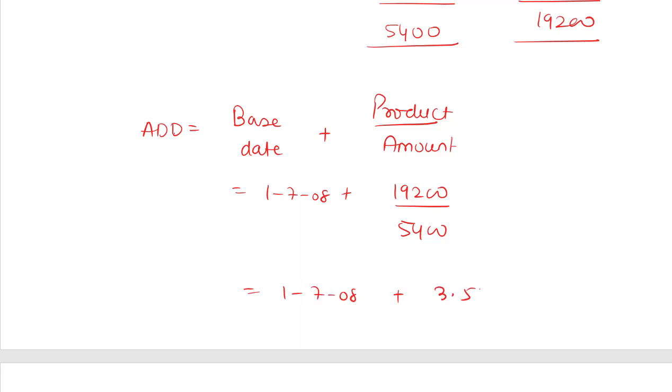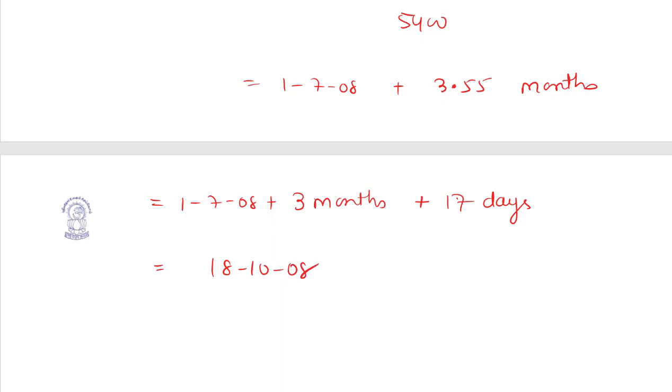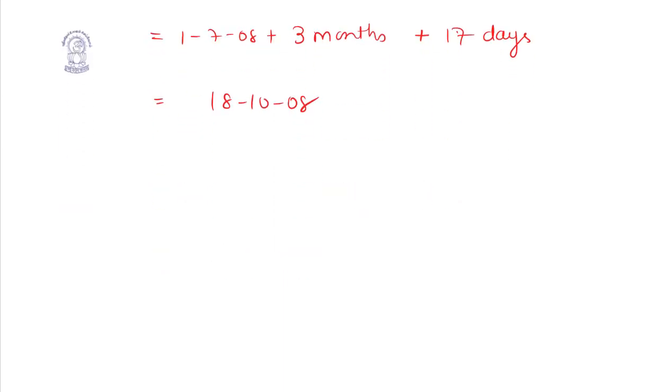So 1st July 2008 plus 3.55 months. 1st July 2008 plus 3 months, and 0.55 would be converted into days. 0.55 multiplied by 30 days is 17 days. So this is 18th October 2008.